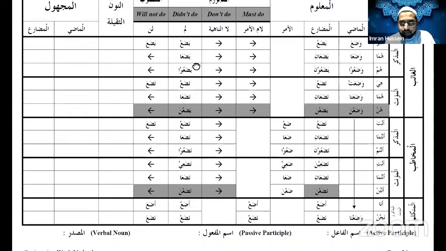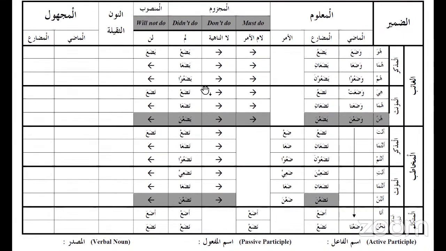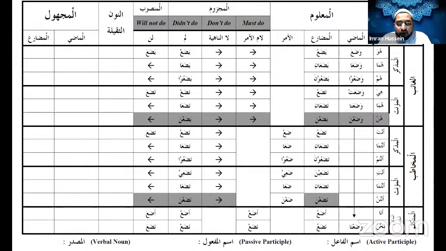Bismillah. It should be waqa'a, waqa'a, waqa'u, waqa'at, waqa'ta, waqa'na, waqata, waqatuma, waqatum, waqati, waqatuma, waqatunna, waqatu, waqa'na. Excellent. And the present tense?